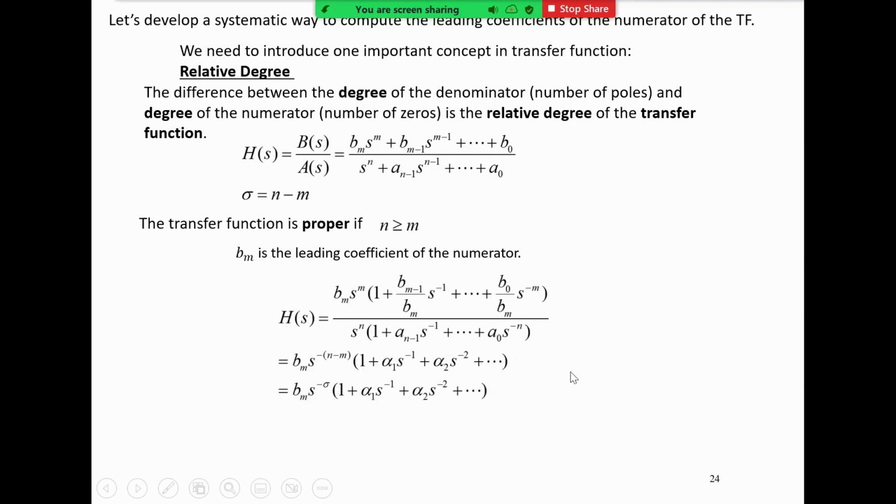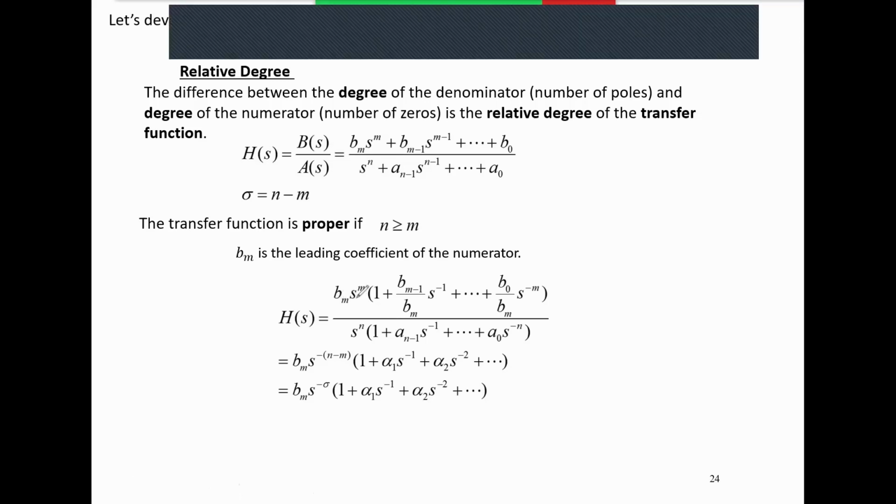Now here comes the interesting thing. If you look at this expression, I take out Bm times s to the power of m, the first term.